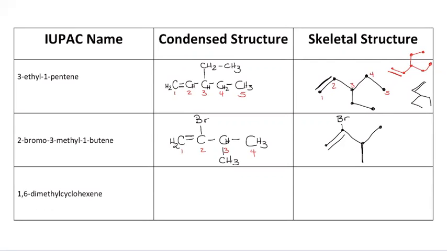We have cyclohexene. You can put in the double bond wherever your heart desires. Let's say that I put it here. Okay. Now, because we have the condensed structure, I need to include the carbons. So there's a carbon right here.